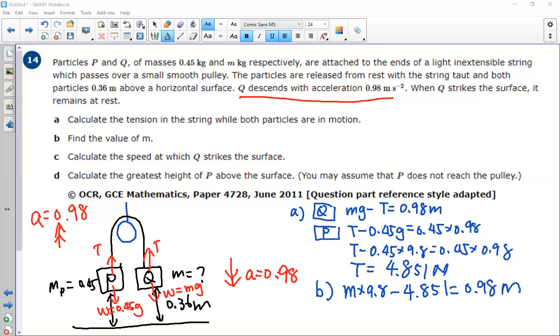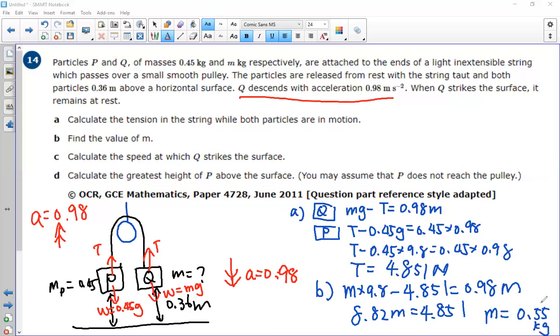Okay, so rearrange, we would get 8.82m equals 4.851. So m equals 0.55 kilograms.